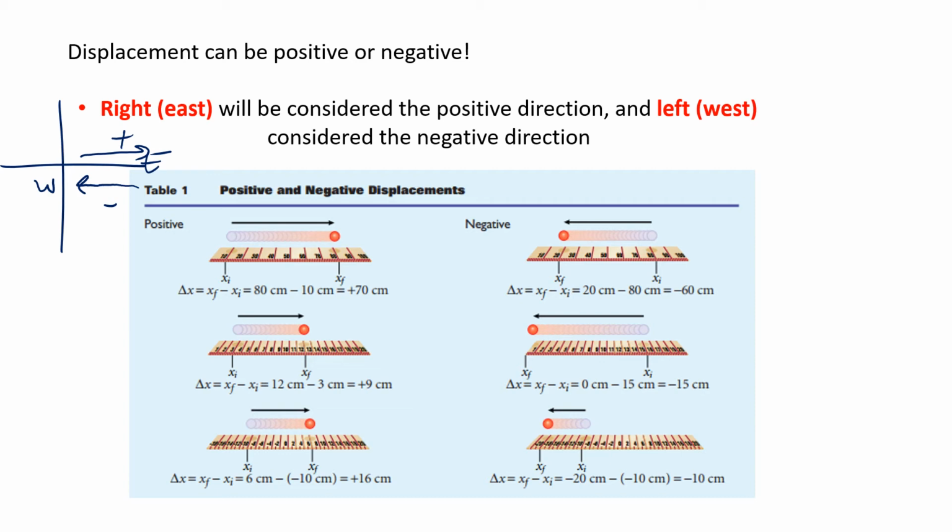Let's look at this one right here. The initial was 80 centimeters, and it ran down to a final position of 20 centimeters. So your displacement is 20 centimeters minus 80 centimeters, and that is negative 60 centimeters.